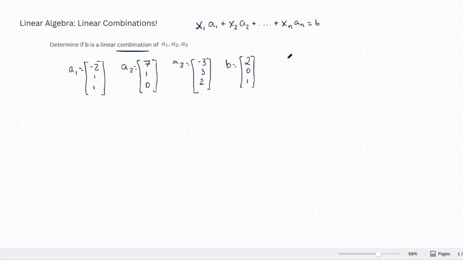We can see this a lot. So it can be something like 2x plus 3y is going to equal something. So that's kind of like a linear combination.